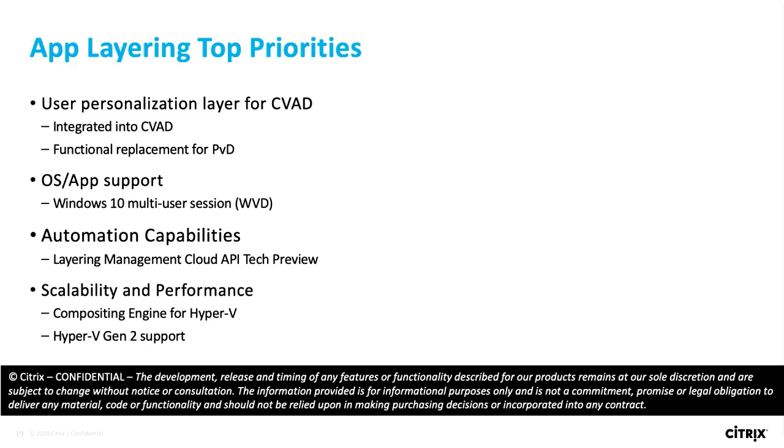We're initially targeting these enhancements in Hyper-V because from a technological standpoint, it's the quicker platform for us to deploy, but this architecture is going to follow through into all of the platforms that we support with app layering. So keep an eye out on that too.